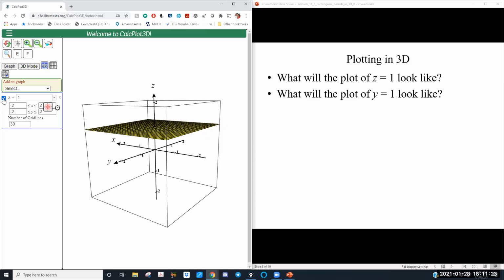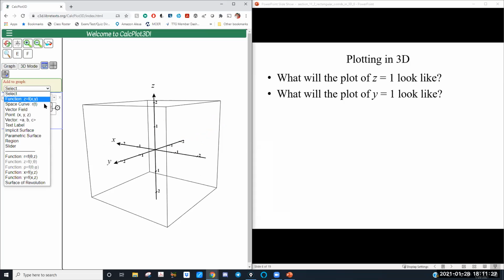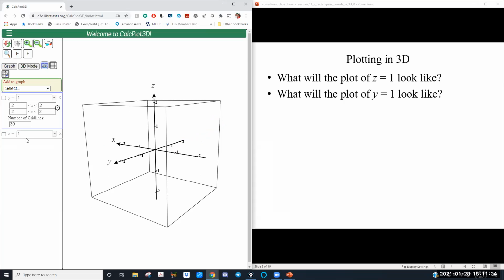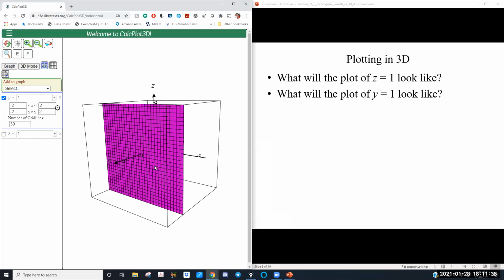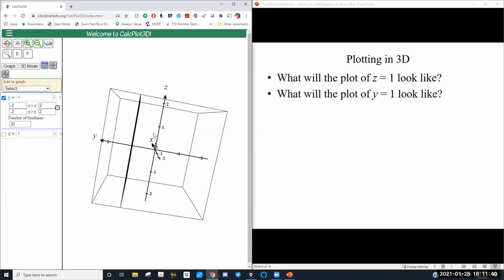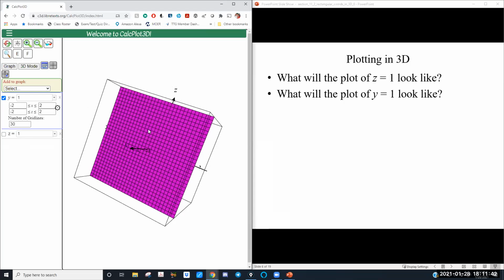We could do y equals 1. The way you would do that, under select, we want to add a graph. We want it to be in terms of y equals this time. So that's down here. So y equals 1. It's still a plane, except now it's parallel to the xz plane.